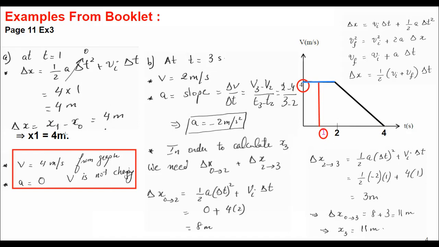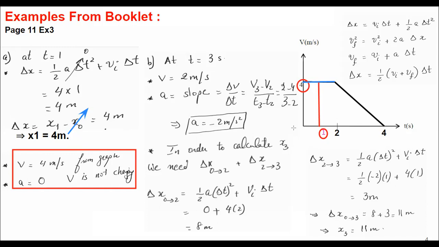So delta X is X1 minus X0, where X0 is 0 because they said it started at x equals 0. So the position is 4 meters, which is the same as the displacement in this case. This is what is happening in this blue region.